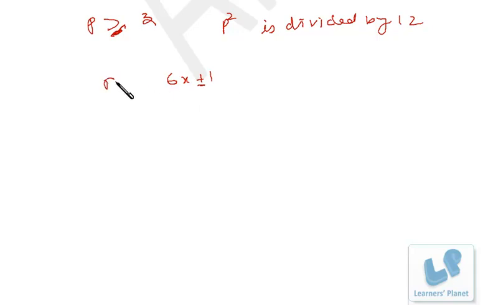So p is of the form 6x plus minus 1, and p square will be 36x square plus minus 12x plus 1.